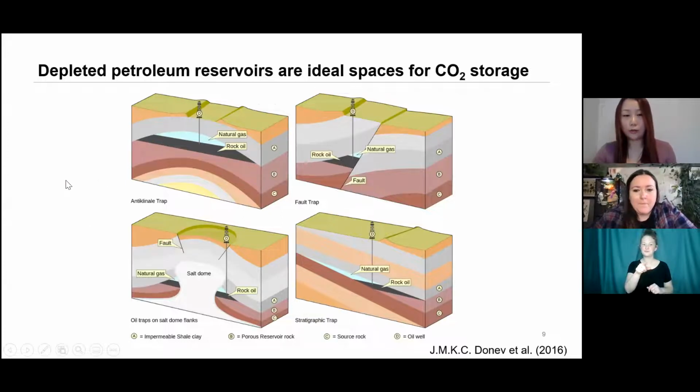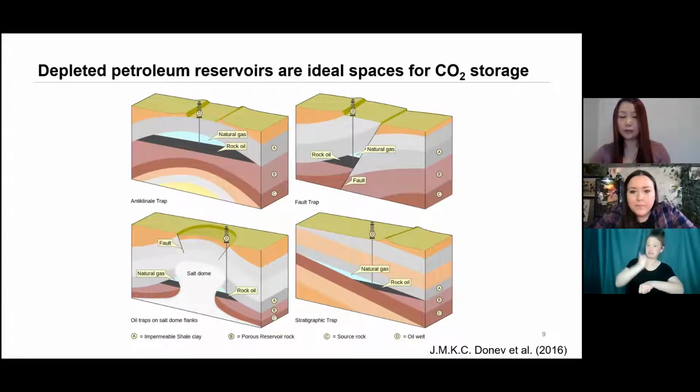So oil and gas traps are naturally formed, and these formations are the only way you can ever have oil and gas to begin with. If these don't occur, then you never have oil in the first place, then we don't even have this problem of carbon dioxide to solve. What happens is that when oil forms, it is very buoyant and it likes to move up.